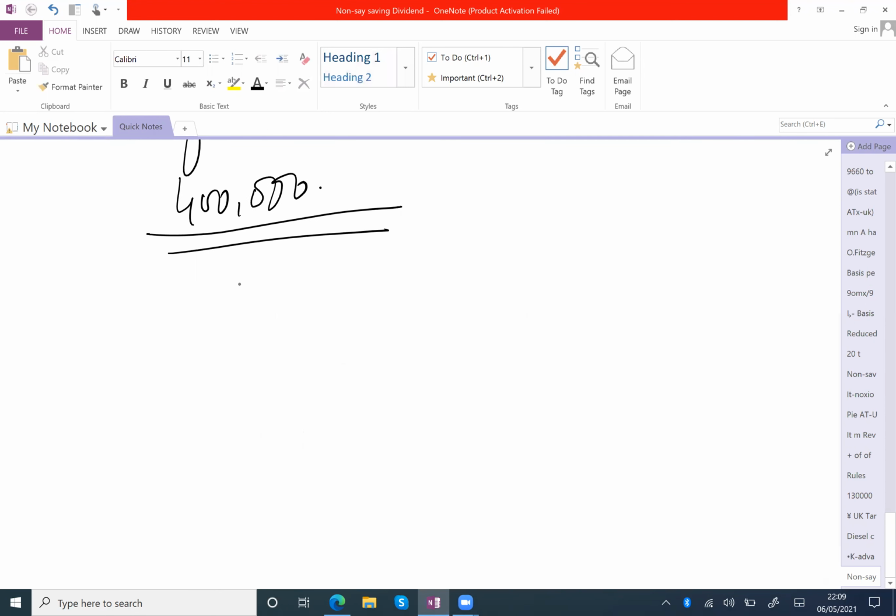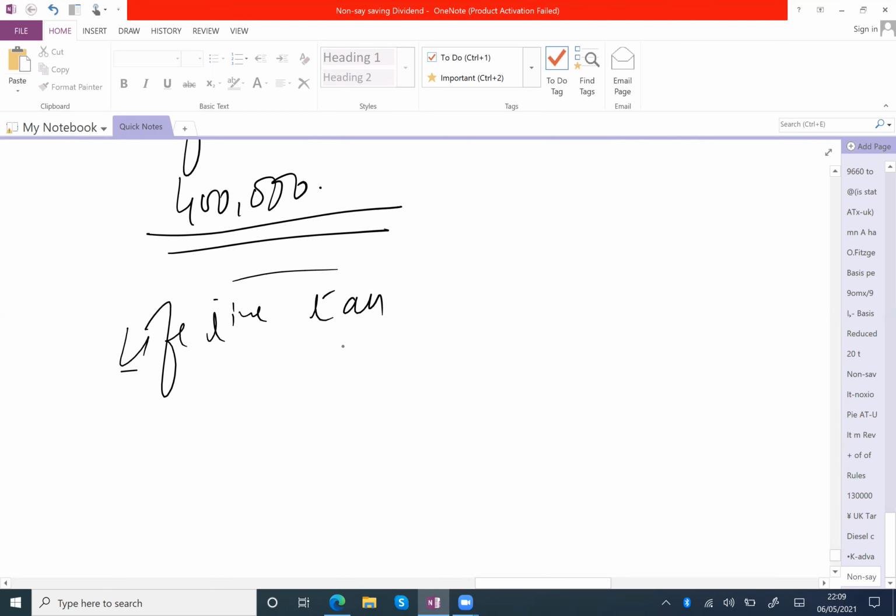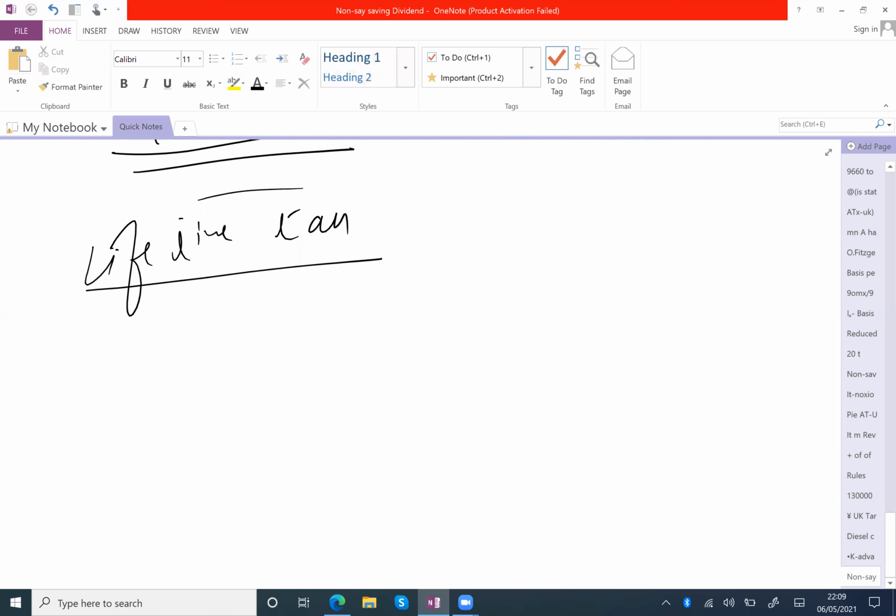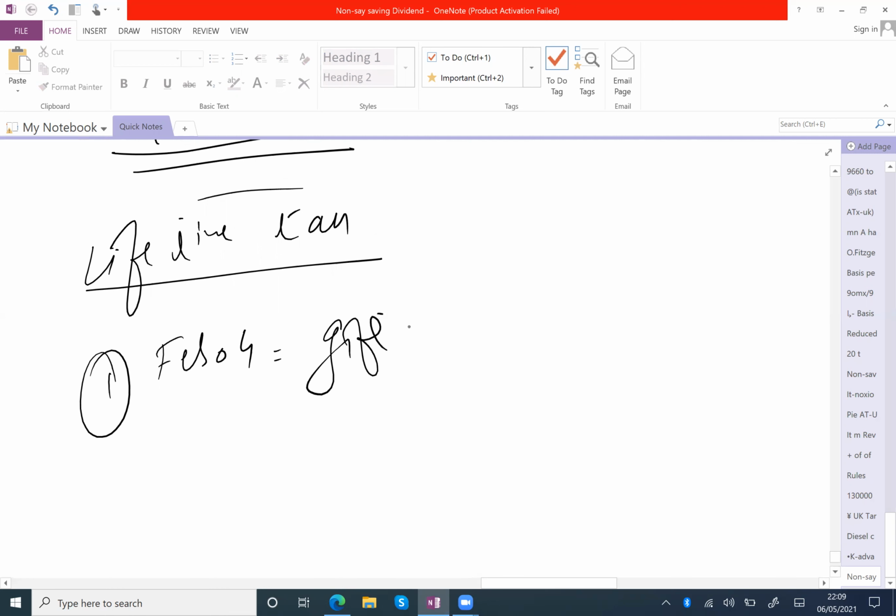So now, how to pay the tax? Firstly, we will calculate lifetime tax on these lifetime gifts. The first gift, February 04, is a gift to the son, in tax year 03/04.